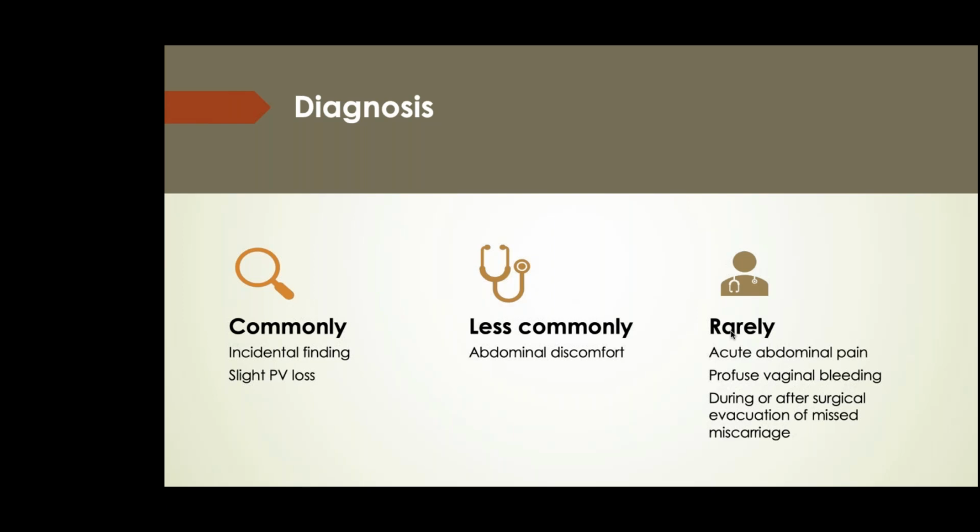It may have been a cesarean section scar pregnancy that was not diagnosed, and during the evacuation the patient bled a lot. So again, this is one of the presentations, during or after surgical evacuation of a missed miscarriage.